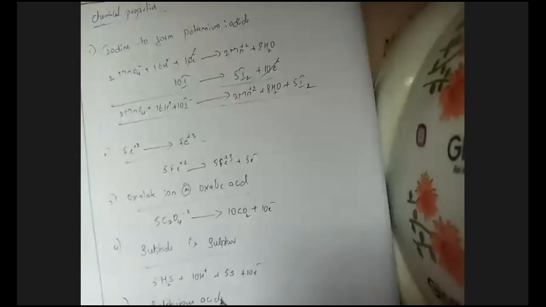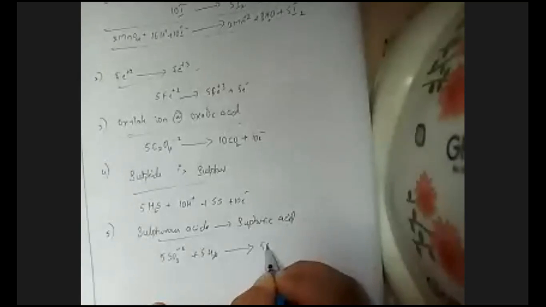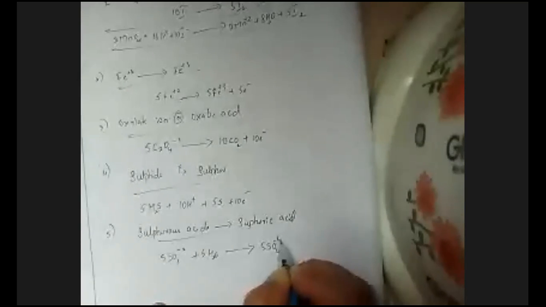Sulfurous acid to sulfuric acid. 5SO3 2 minus plus 5H2O gives rise to 5SO4 2 minus plus 10H plus plus 10e minus.